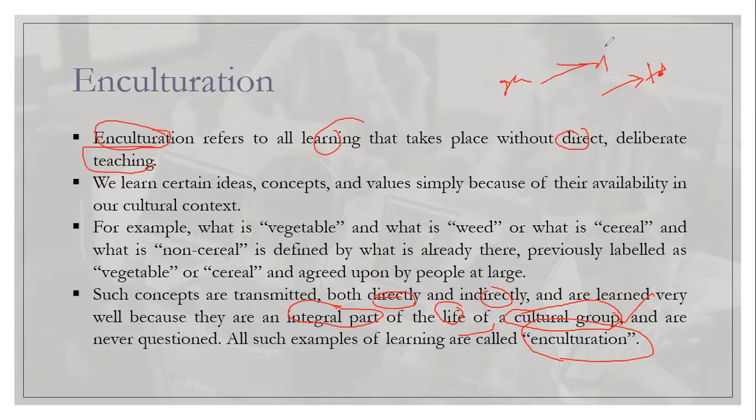The group can be parents, neighbors, friends, relatives. All these people add up as a cultural group. The place where you are living, the state, the district, all these people are added as a cultural group.